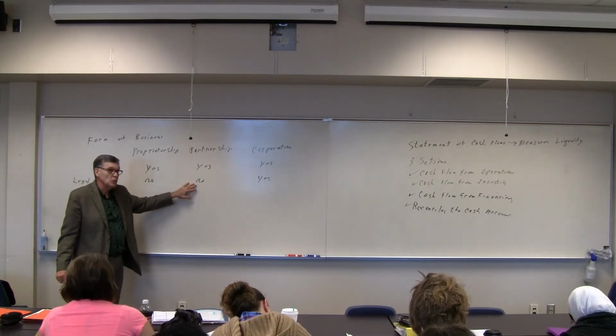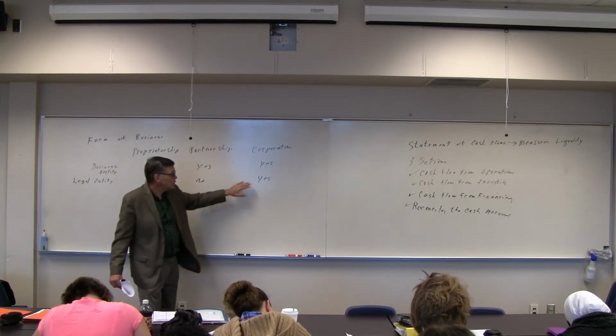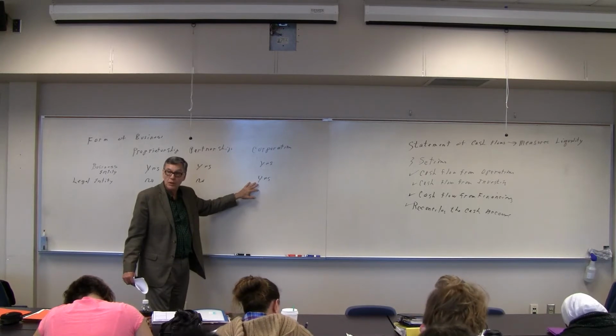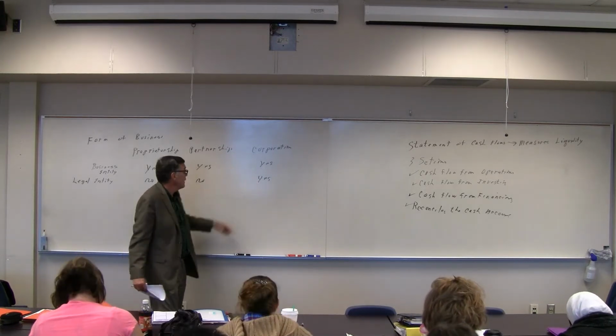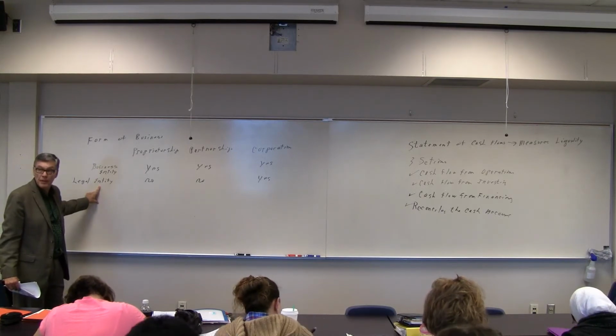Each partner assumes all the debts of the business, okay? In a corporation, you're limited to the assets owned by the corporation, okay? So it is a different legal entity from the owner. You actually create that being, okay?